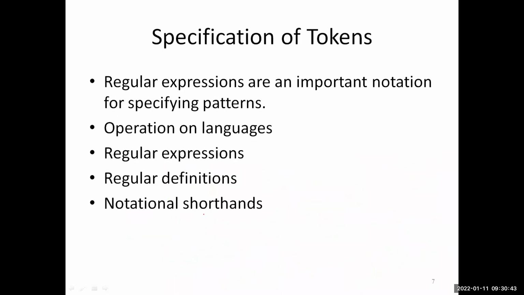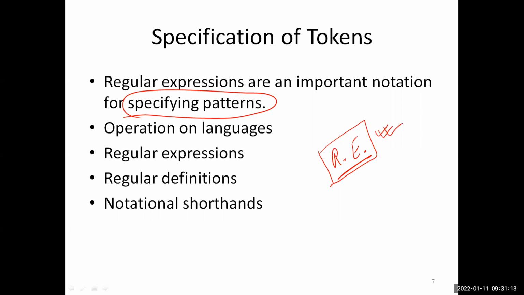To get a match, it's very essential to specify the patterns. Specifying the patterns is done through regular expressions. I hope all of you remember regular expressions. Each pattern is going to be represented by a regular expression.